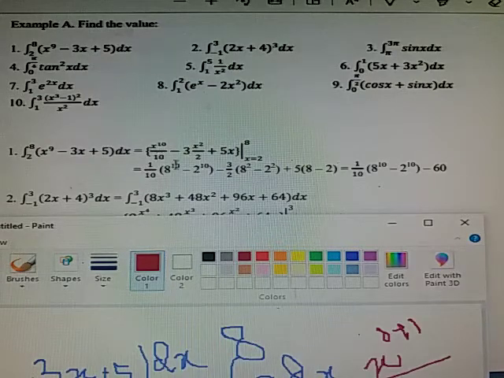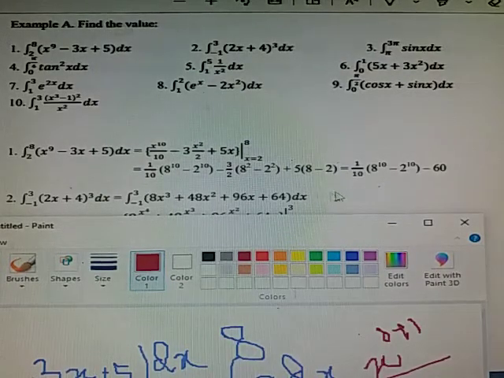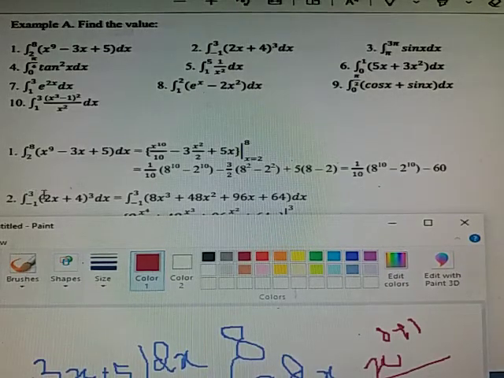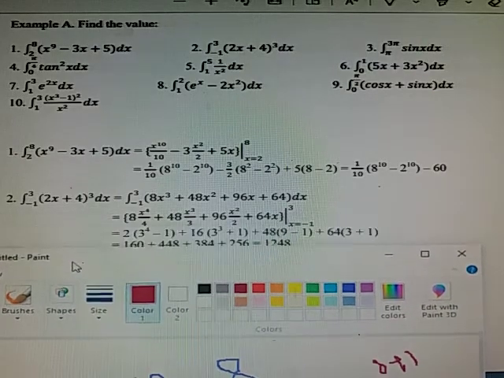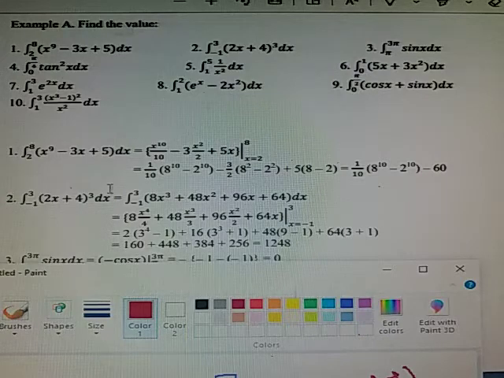So this is 8 to the power 10 by 10 minus 2 to the power 10 by 10, then 8 square minus 2 square, and it is 8 minus 2, and after simplification we are having the result. You keep it like this because 8 to the power 10 is a very large number. So this is your procedure of finding this definite integral value, and I am doing these things here, same procedure.